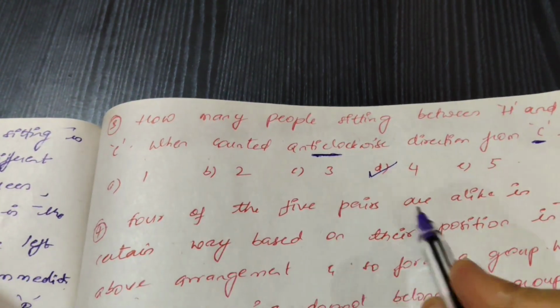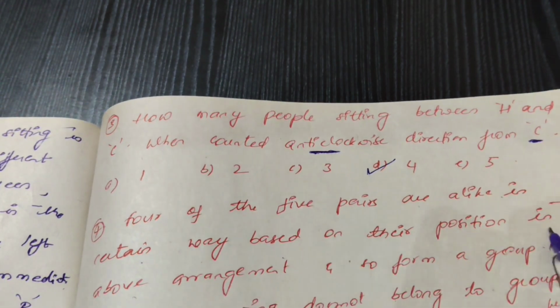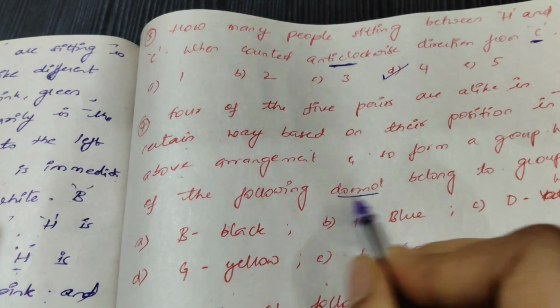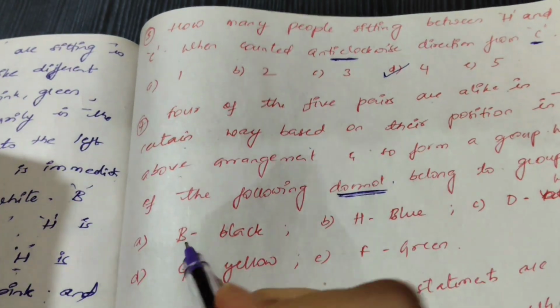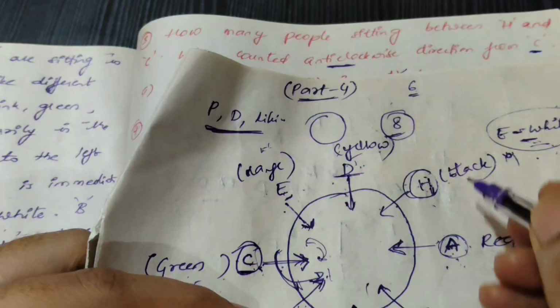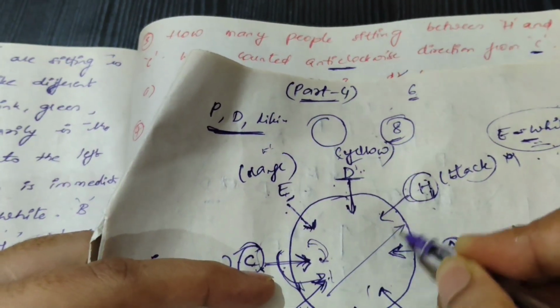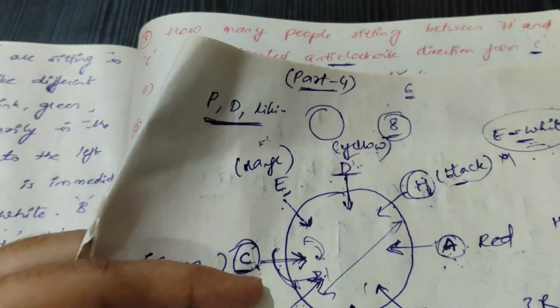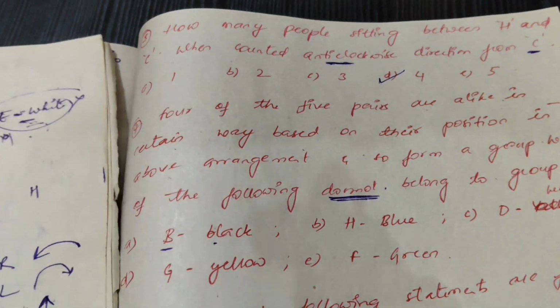Okay, next, 4 of the 5 pairs are alike in a certain way based on the position in the above arrangement. So which of the following does not belong to the group? Now see, B, black. Here is B, here is black. Okay, so diagonal. One is the person and the opposite color is the person sitting exactly opposite.